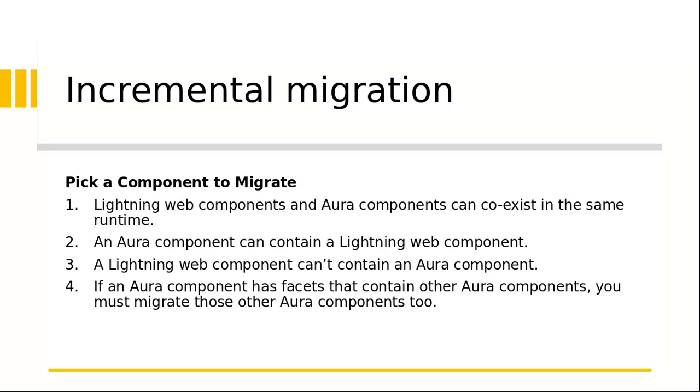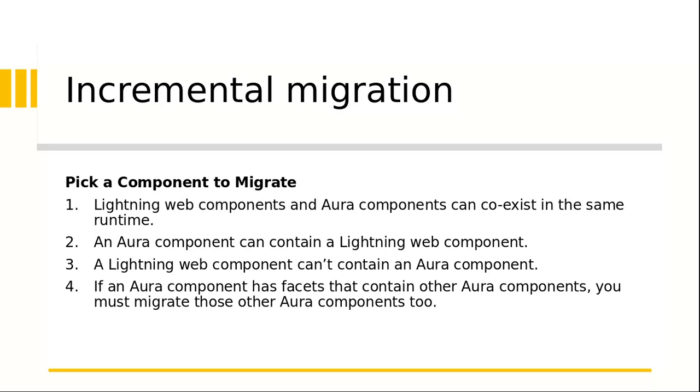Aura component can contain Lightning Web components. So for instance, if we built a LWC component and we wanted to use that under the utility bar, right? We were not able to do that a couple of years ago. So what we did, we built an Aura component as a container, and we stuck the LWC inside, and then we used the Aura component in the utility bar.